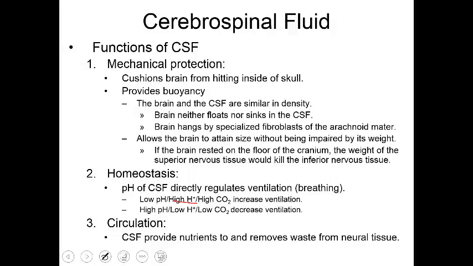So anytime the pH of the cerebrospinal fluid goes down, ventilation or breath rate increases. Now, anytime you have too much oxygen in your blood, that causes the hydroxide ions to increase and the hydrogen ion concentration to be low, and that causes the pH to go up. And whenever the pH goes up, that is against homeostasis as well, so it decreases or slows down breath rate.